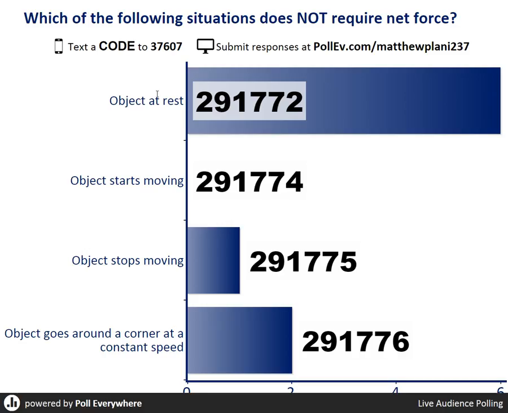Questions on that one? All right, we are going to skip then to question number 3 on your sheet.